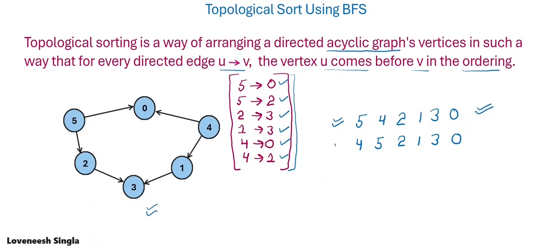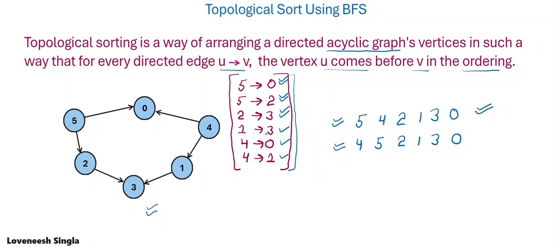Now let's look at this ordering. Again, if we look at this edge list, there is an edge from 5 to 0. Here also 5 is before 0. So this is fine. Now there is an edge from 5 to 2. Here 5 is coming before 2. So this edge is also fine. Now from 2 there is an edge to 3. 2 is coming before 3. So this is also fine.